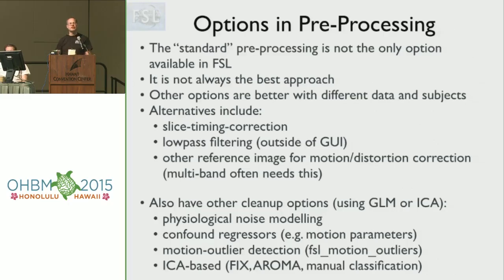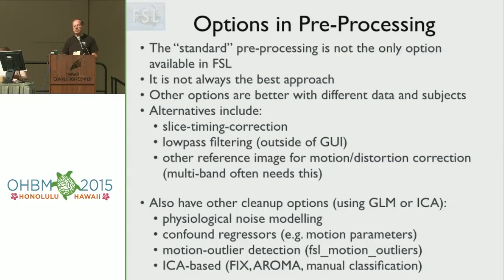There are so many different ways that you can acquire data, so many different kinds of experimental designs. You might have multiband, you might not. You might be on a 7T scanner, you might be on a 1.5T scanner. There are so many different types of data that we analyze that there is no one-shoe-fits-all. Our defaults represent the general, most common kind of data coming in.